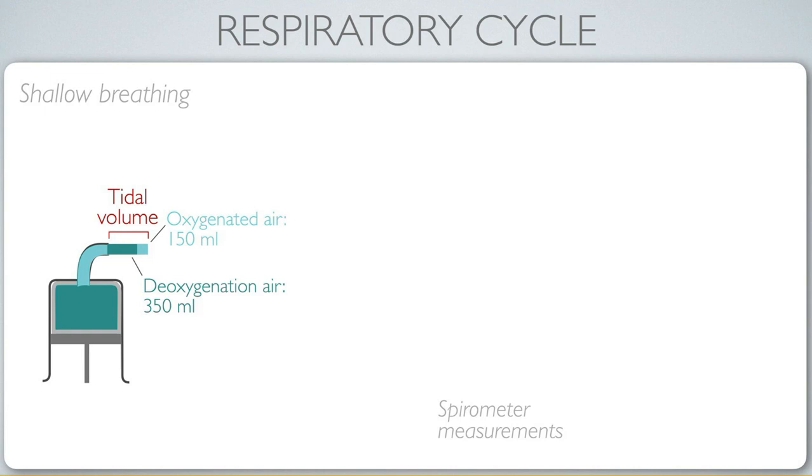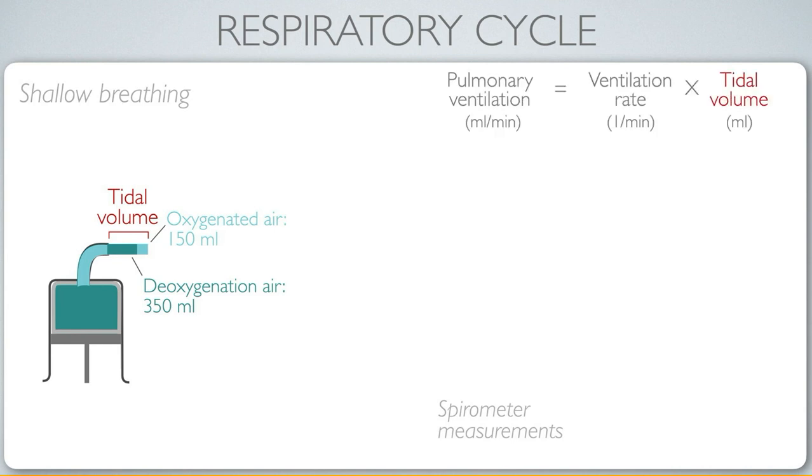Here, the respiratory system has something analogous, which is the pulmonary ventilation. It's the ventilation rate times the tidal volume. Okay, so look at the units. Milliliters per minute is our measure of ventilation. That's how frequently you breathe times how much you inspire.